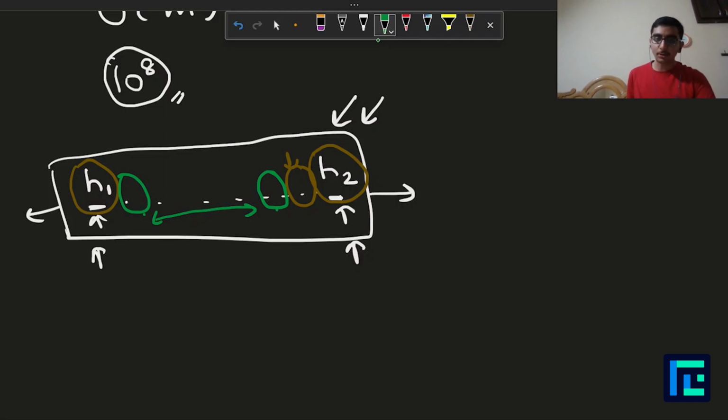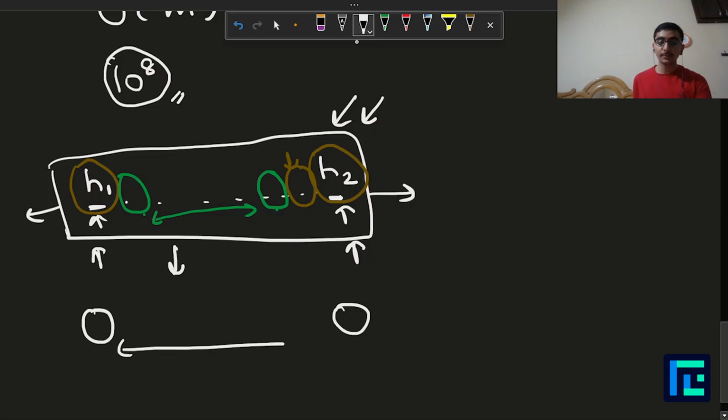So you can see that of all the methods that you try out, this is the most optimal way to protect the maximum number of houses possible. That you seal off the surroundings and all the houses in the middle automatically get protected, right? So this answers a very important question, that is, given a range between two initially infected houses, what is the most optimal way to protect the houses in the middle?